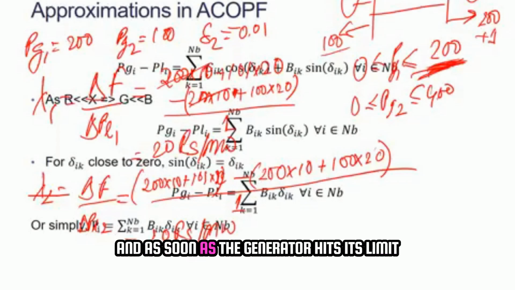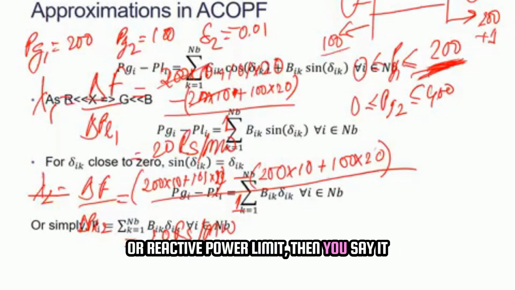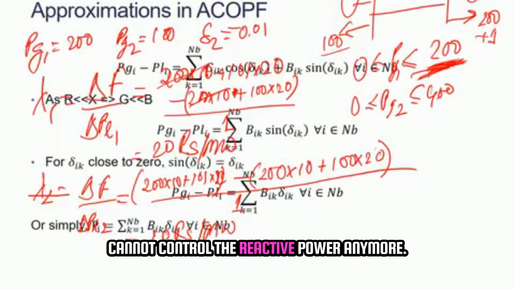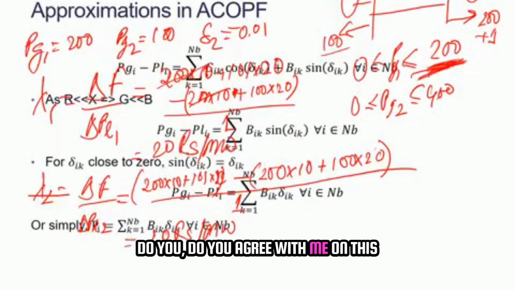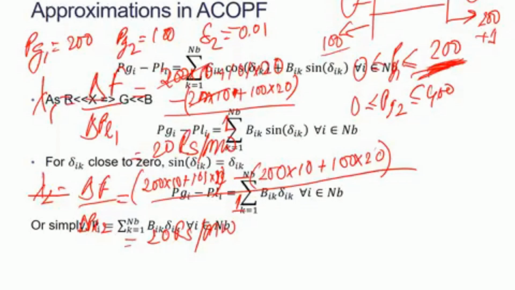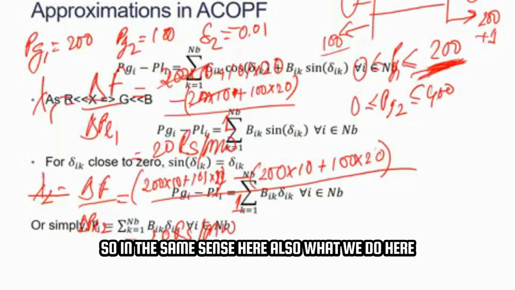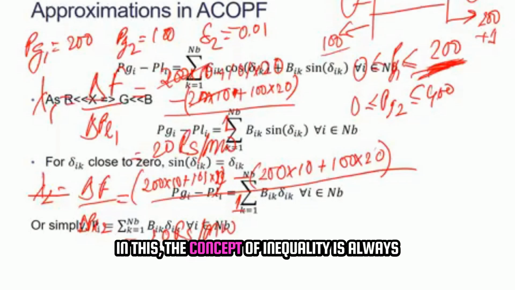As soon as the generator hits its reactive power limit, it cannot control the reactive power anymore, and that bus has become a PQ bus. Do you agree with me on this from the conventional power flow concept? Yeah, I agree.